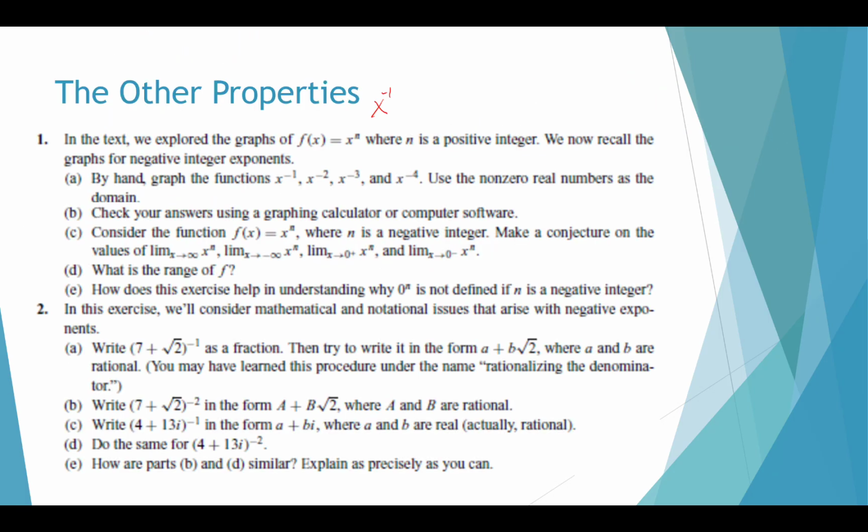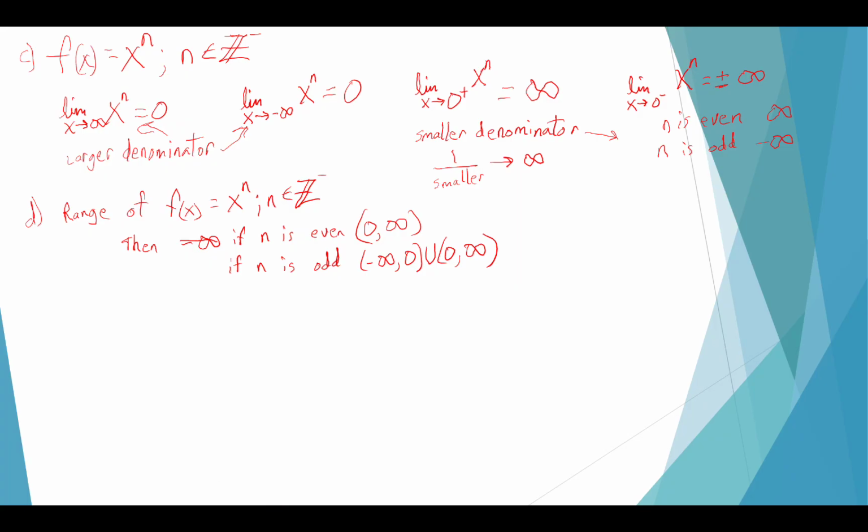E was, how does this exercise help in understanding why 0 to the n is not defined if n is a negative integer? Well, okay. So some pretty straightforward stuff you guys already should have a firm grasp on. And that is this. For E, 0 to the n, if n is positive, right?